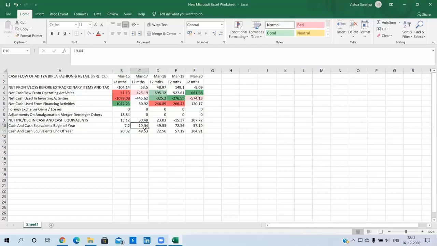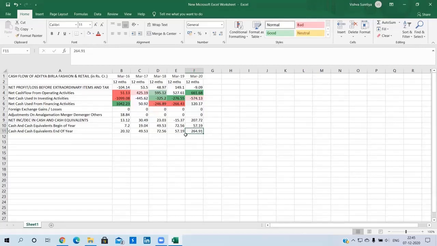You also need to check how much cash they have increased for the year, and how much they have used. You also need to check that the firm is not holding too much idle cash. For example, at the end of March 20, the firm had cash and cash equivalents of around 264 crore. From 57, almost 4 times they are having the cash.